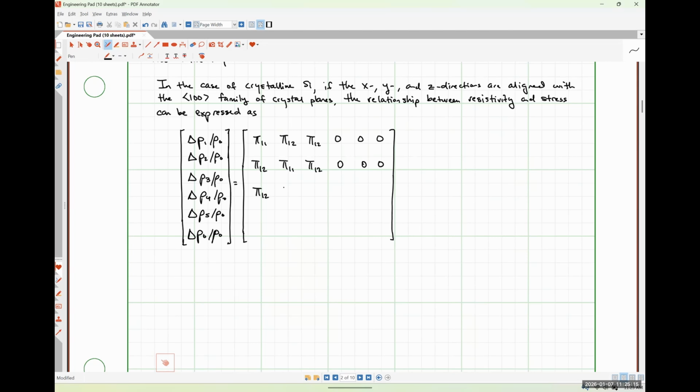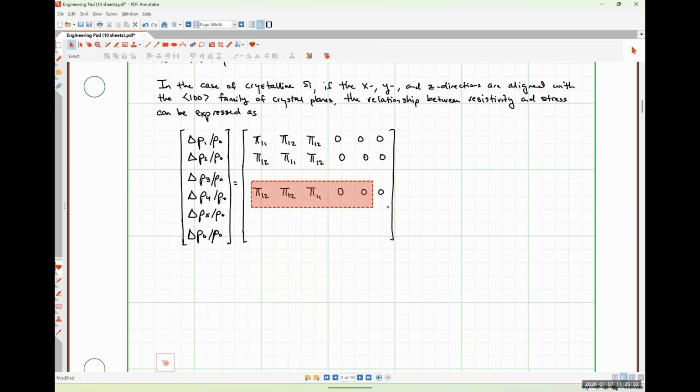Here we've got pi 12, pi 12, pi 11, 0, 0, 0. Oops, I need to draw this better so that these line up. Sorry about that. Here I'm going to have 0, 0, 0, pi 44, 0, 0. And it's just going to be pi 44s on this diagonal from here on out, if you're faster than me in writing this out.